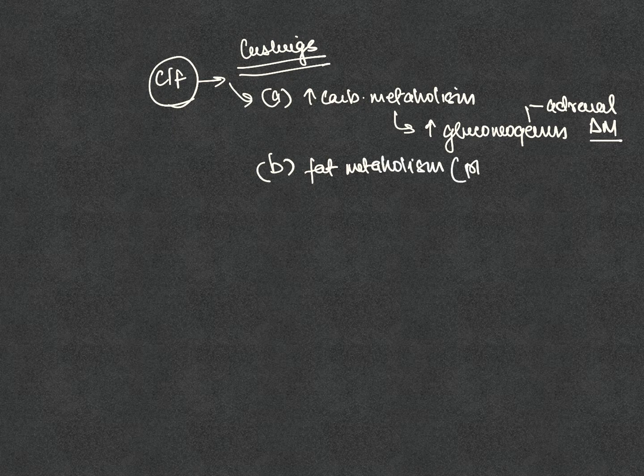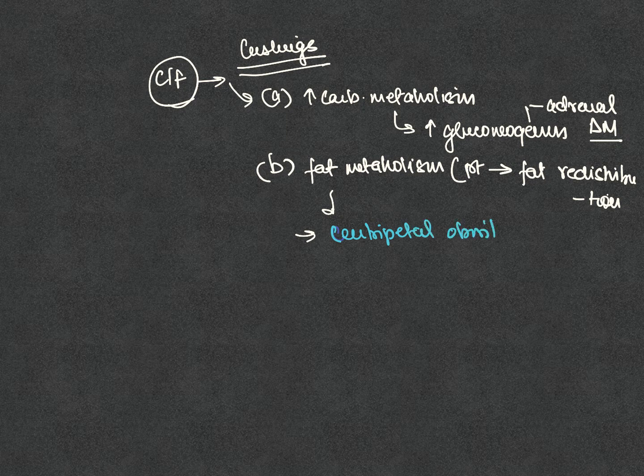Here the patient is going to have fat redistribution. So the fat redistribution is going to take place in this manner. There is going to be centripetal obesity. There is going to be very thin limbs known as lemons on stick appearance.